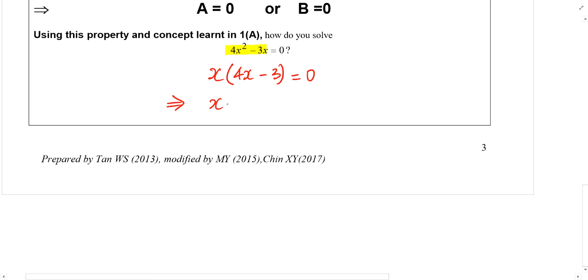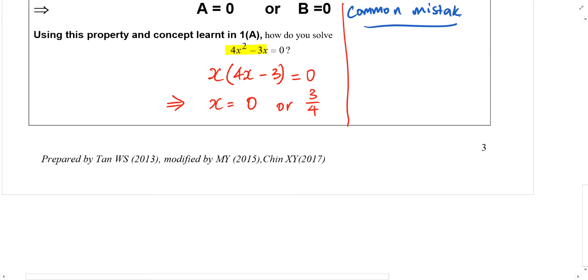Therefore, x equals 0 or 3 over 4. Good. Now I want to show you a common mistake. Please write down this common mistake. Make sure you write down common mistake so that you don't think it is the correct answer.